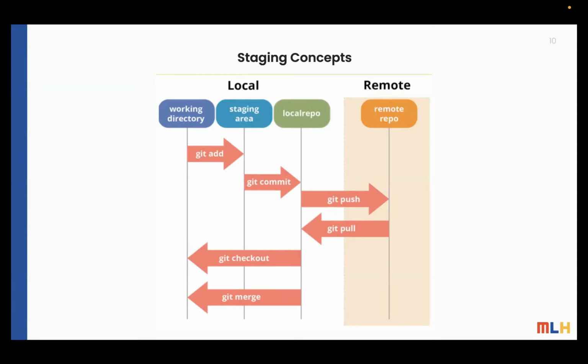So it's like creating a record where you can go back at any point, and by reading that message you understand what has happened in that single commit. So that's the first thing.